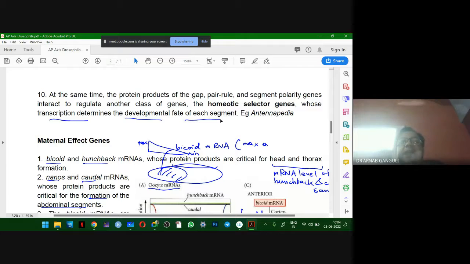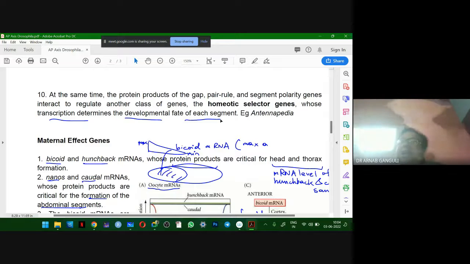There is a homeotic gene known as antennapedia. In each segment, this gene is expressed. But when it is mutated, near the head region an antenna needs to be formed, but instead of that antenna, you have a leg coming out. That is because of the mutation.